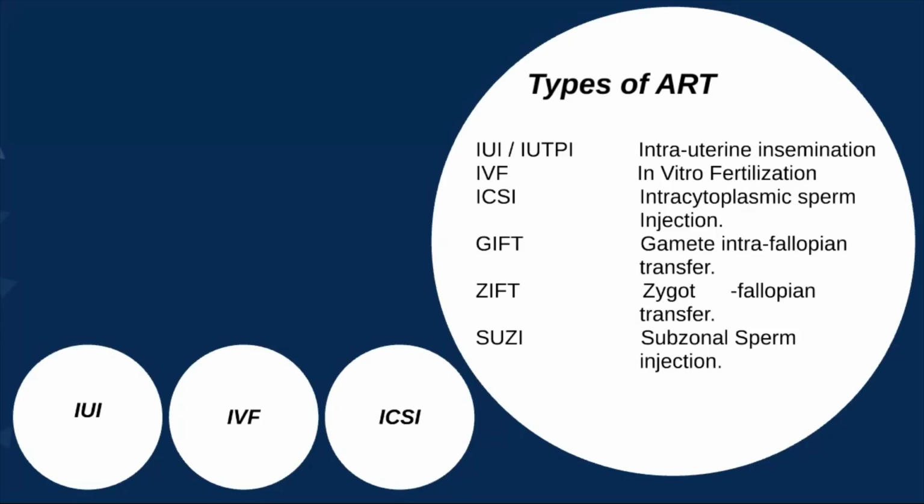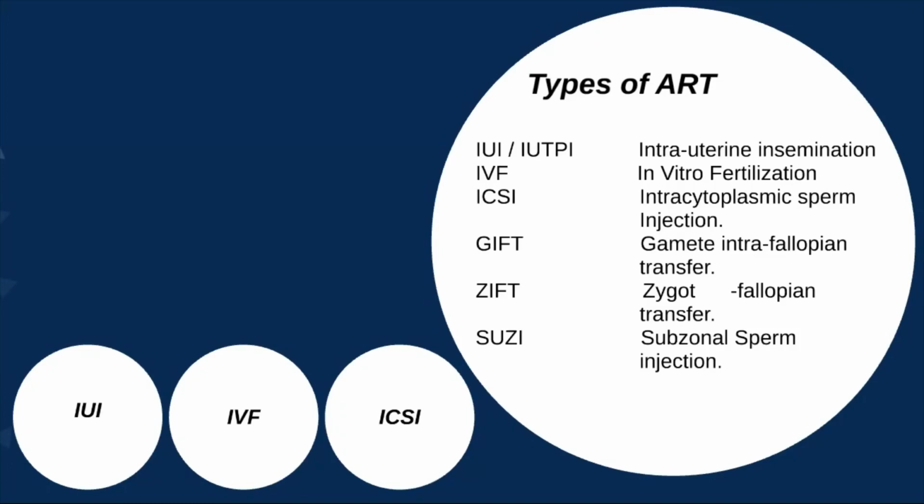If there are sperms, we can inject them into the ovum with the help of a needle, and this is known as intracytoplasmic sperm injection. It was usually done when there is severe oligospermia, but now in most centers it is the routine procedure in place of IVF.